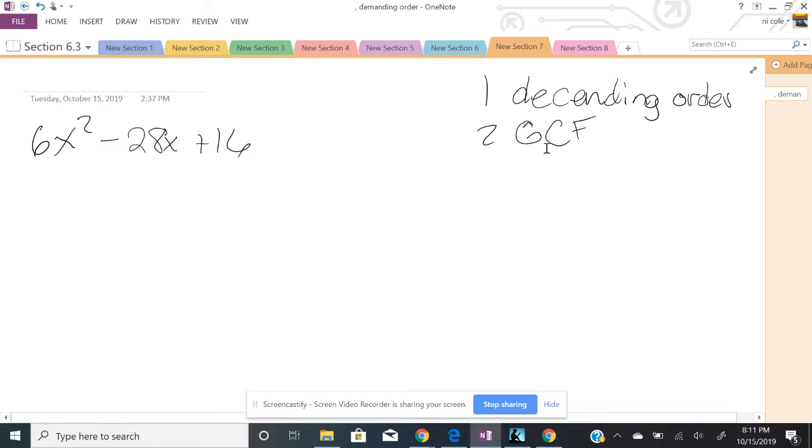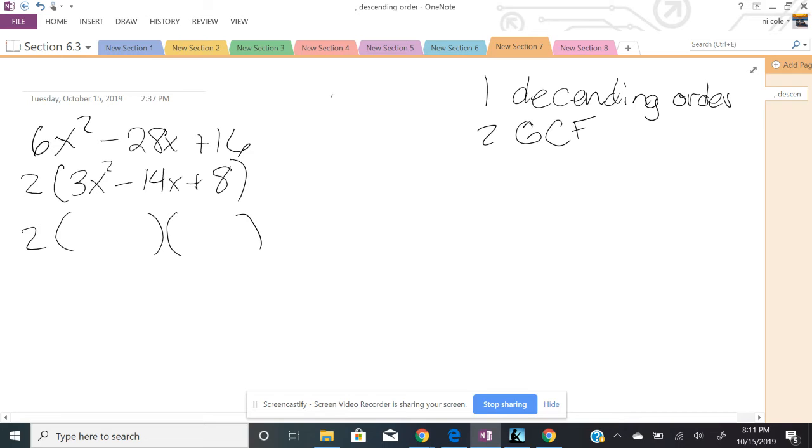Here, do I have a greatest common factor? And the answer is yes, I have a 2 in common with all these. So that's going to give me 2, and that's going to leave me with 3x squared minus 14x plus 8, in parentheses. So I just carry that 2 down.